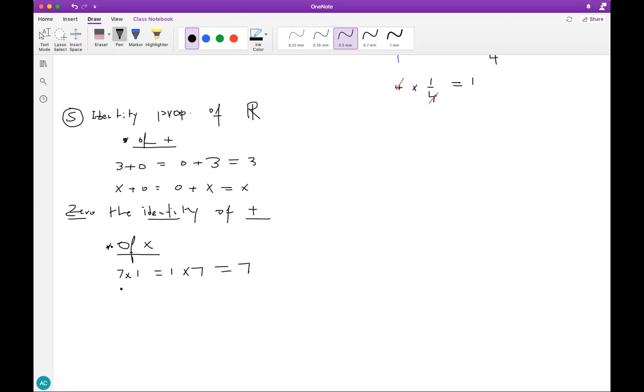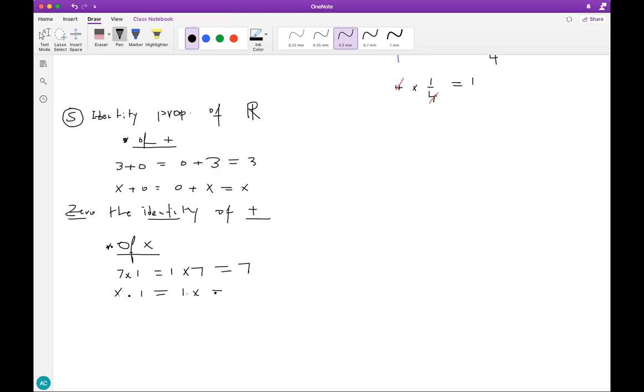For any real number x, what is x times 1? Any number times 1 is x. Itself, that's right. X times 1 is just the same as 1 times x.